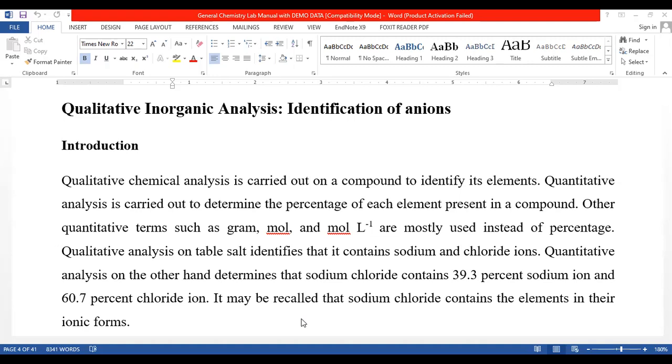So both the sample and the identification reagent will be dissolved in water. Then we will mix them together and we will find the change in the system, and thereby we are going to find out the presence of different kinds of anions.